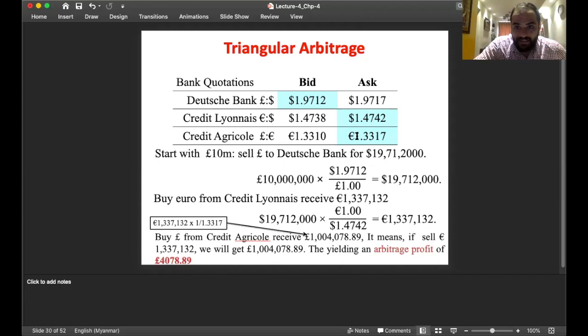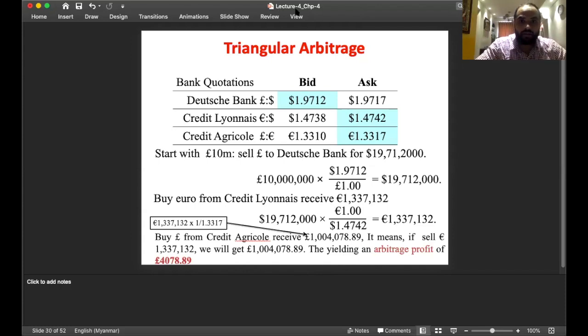This is the indirect quotation, because you are getting a position in pounds, so for non-pound currencies you use the indirect quotation. Whatever number you get will be in pounds. So pound, USD, euro, and then again pounds. When you get pounds again, that money may not be the same.